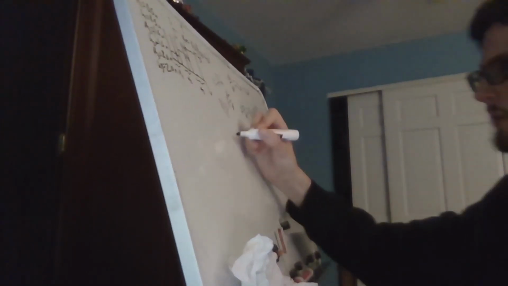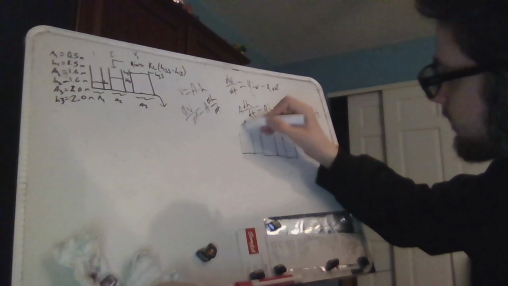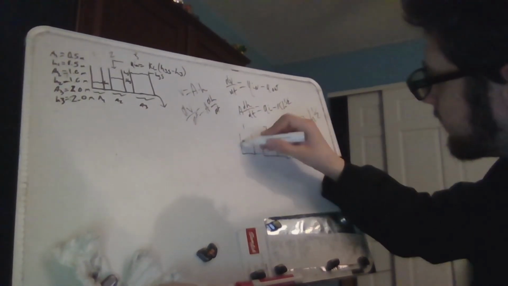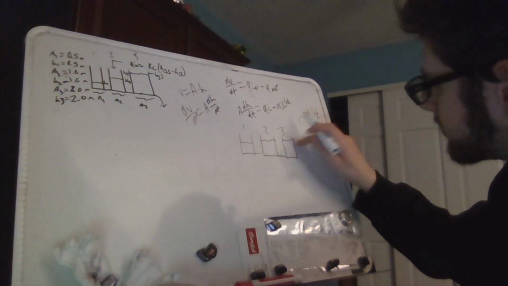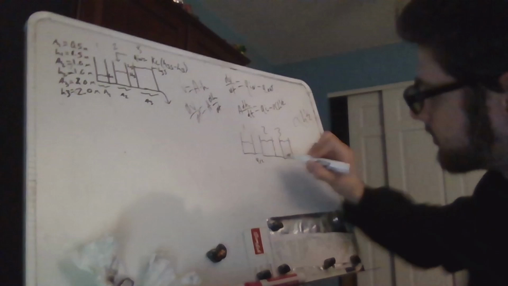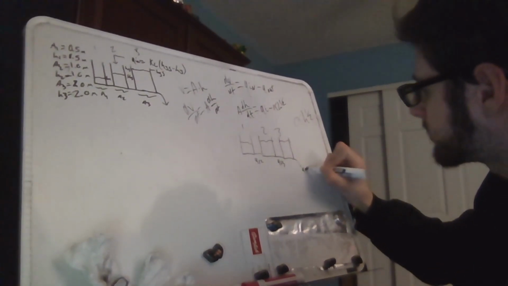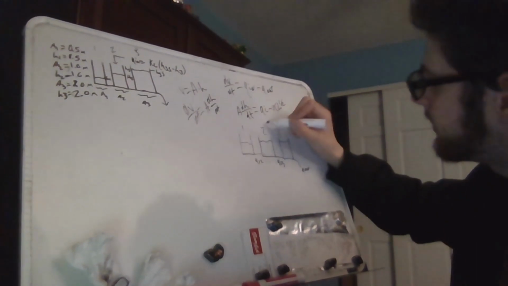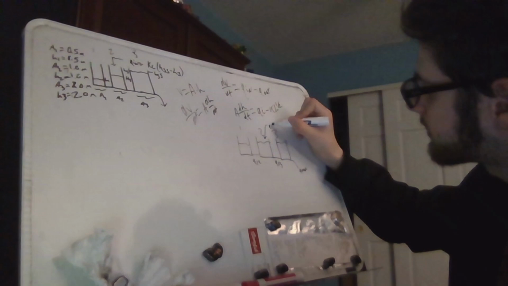So here we have tanks 1, 2, and 3, and some levels of height in between each. We have Q1 to 2, and then we have Q2 to 3, and we have the Q out. And in this case, the Q in is into the second tank.